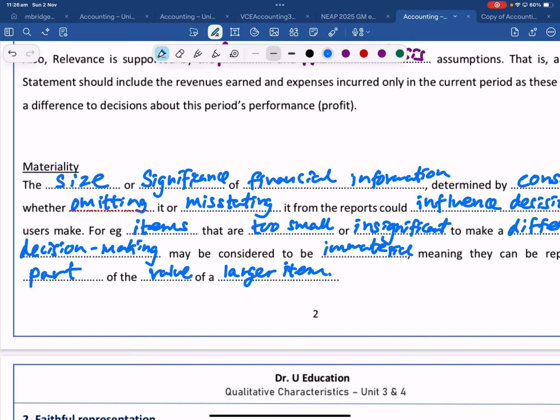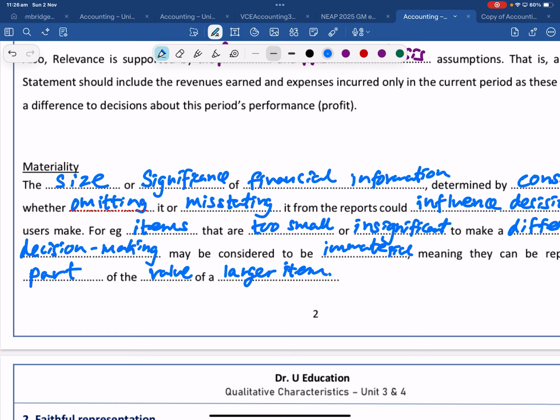So the value would be more than $10,000. Then are we going to include that $50 calculator in the assets worth tens of thousands of dollars?